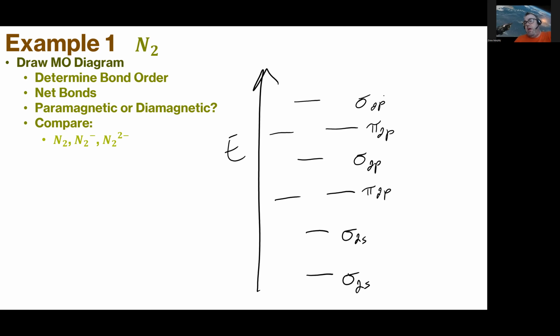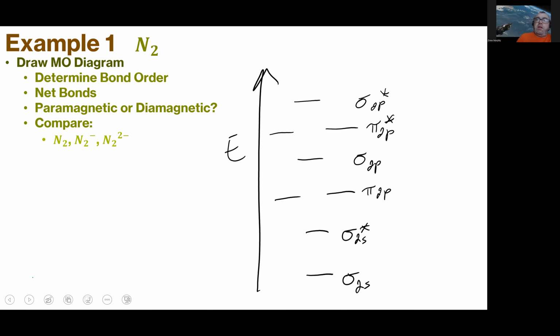Now you have three pairs of stuff. 2s, 2s, the top one is the 2s star. Pi 2p, pi 2p, this pi 2p is star. Sigma 2p, this sigma 2p is sigma 2p star. So we can find our bonding and anti-bonding orbitals.